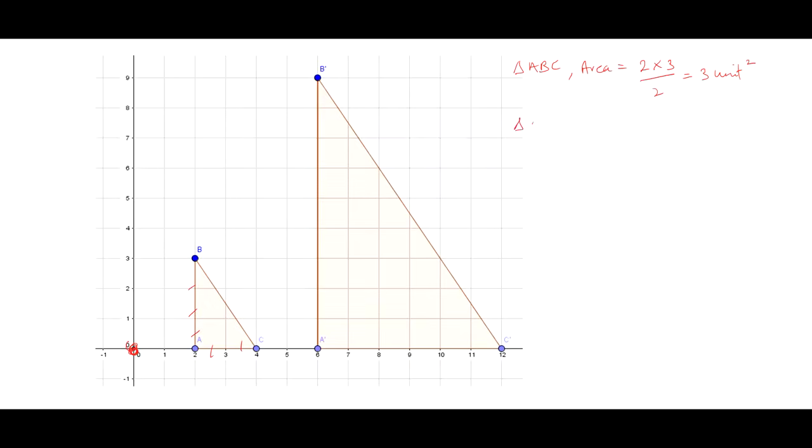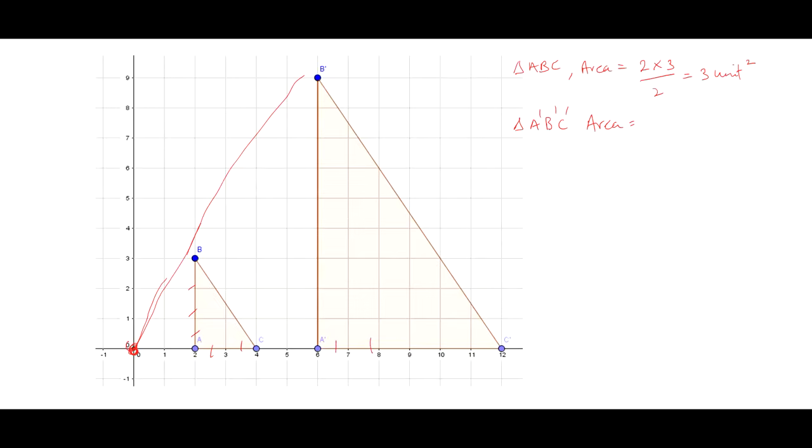Let's look at triangle A prime, B prime, C prime. Remember I said this is an enlargement. Okay, let's just work out the area. Area is base times height over 2 for this triangle.